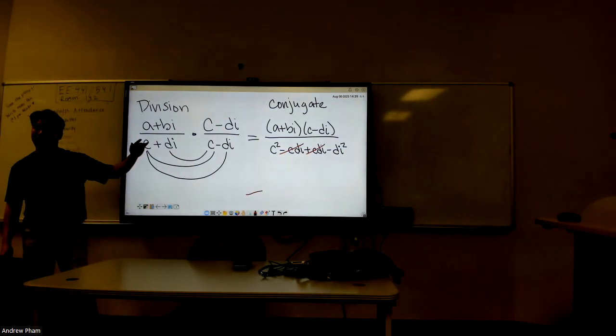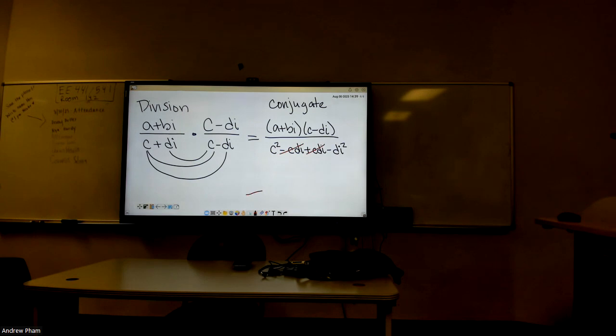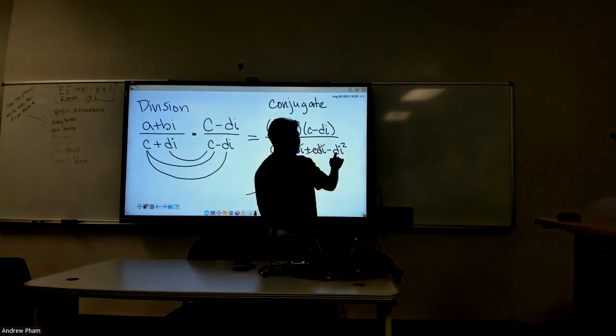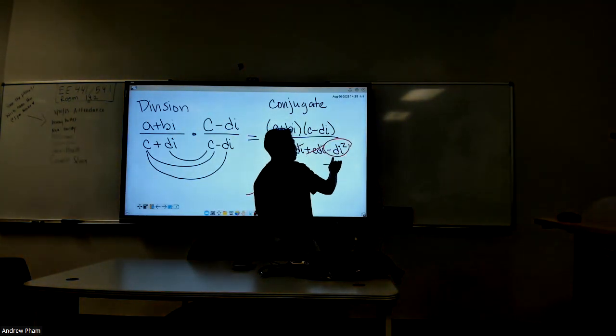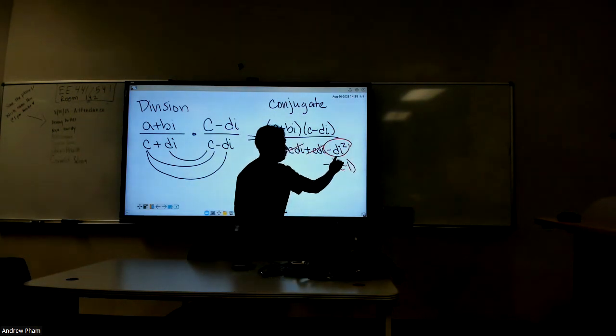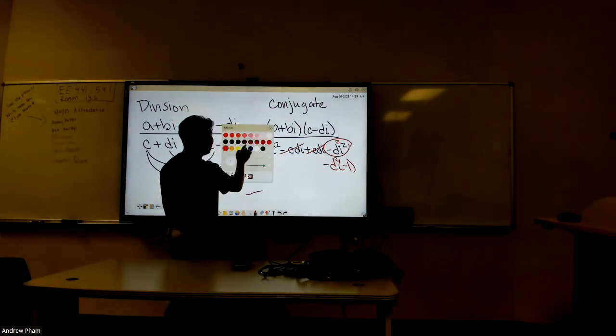What else do I notice about the i's down here? Yeah, there's an i squared, and I know how to clean up an i squared. An i squared is -1. So I'm going to write it down here. So this right here is the same thing as me writing minus d times negative d, sorry, this should be d squared also. Let me write that in blue.